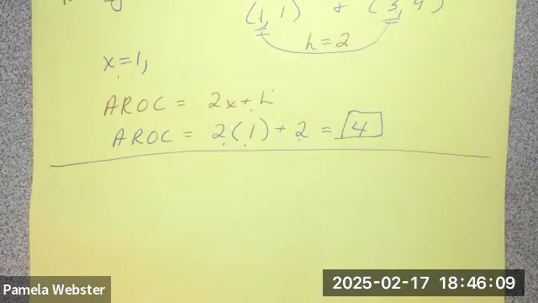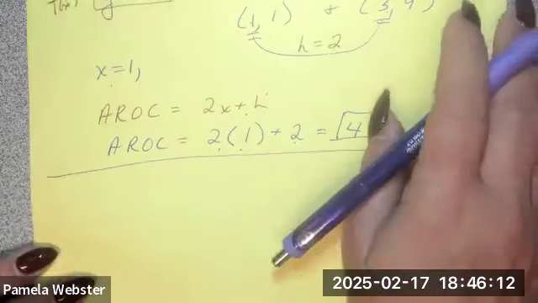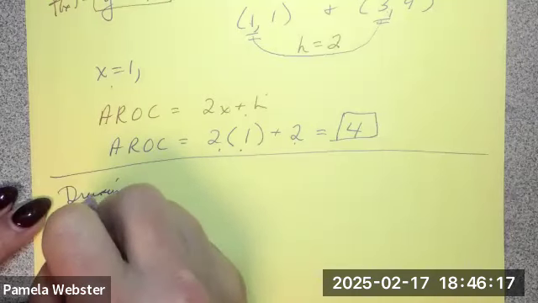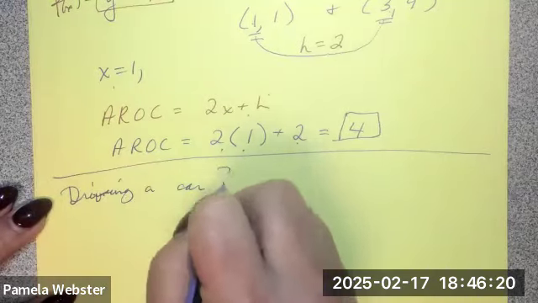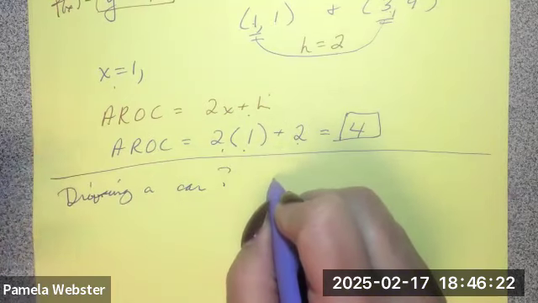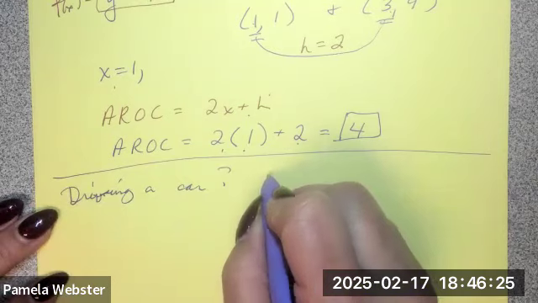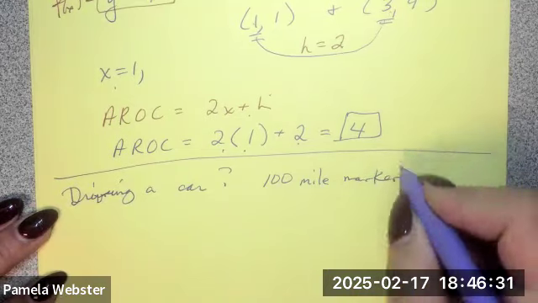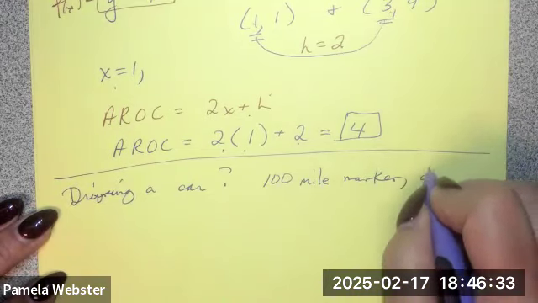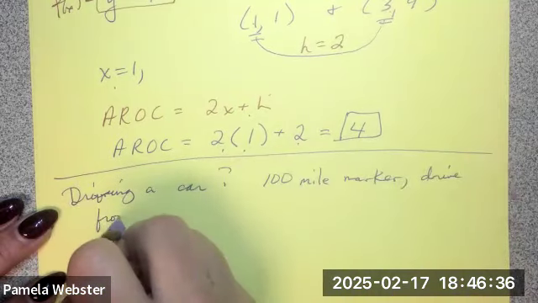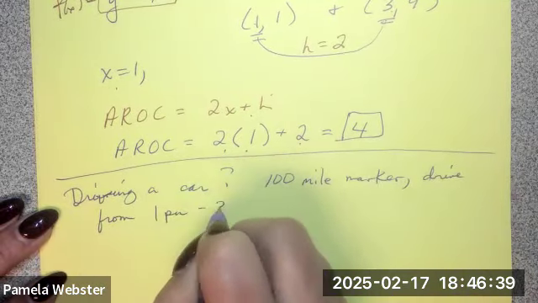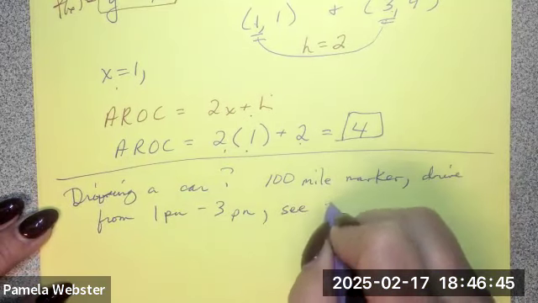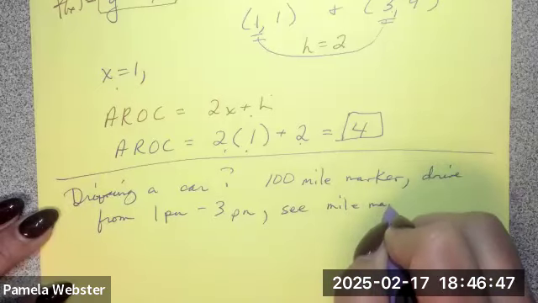All right. So why do I care about this average rate of change and things like that? So assume you're driving a car. When you leave your house, you're at the 100-mile marker, and you drive from 1 p.m. to 3 p.m. And at 3 p.m., you see mile marker number 210.